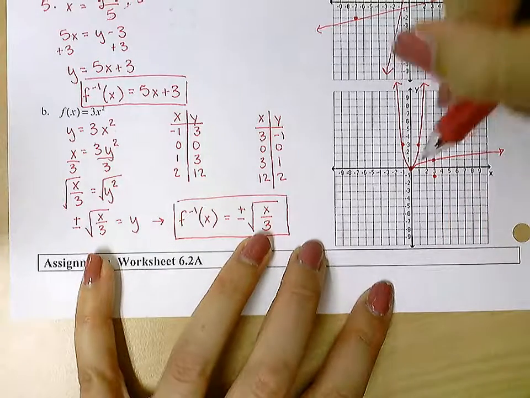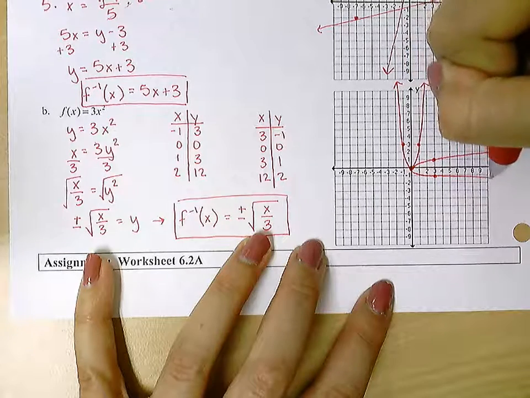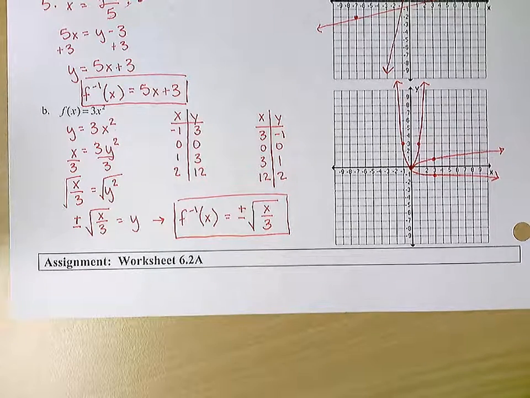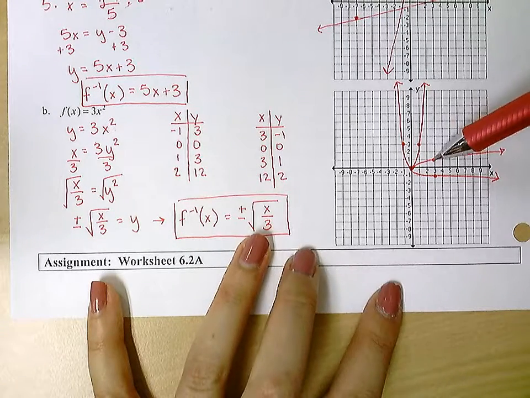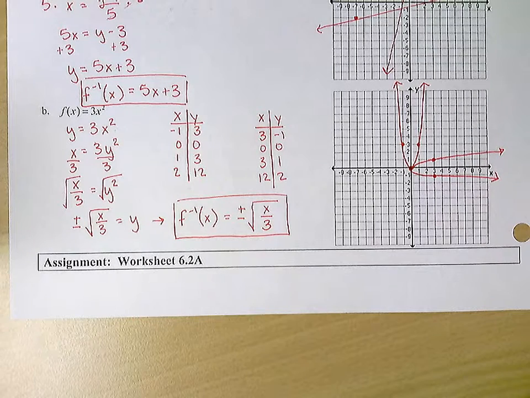So it's going this way on my graph. But again, you can see that it's that reflection over that y equals x line. So if you were to draw that line in, you would have these points reflected over that line. Does that make sense? Are you with me? Do you have any questions? No?